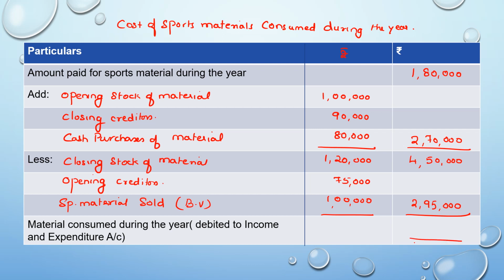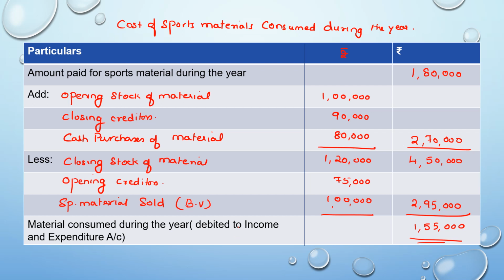So we subtracted from 4 lakh 50, 2 lakh 95. That would give us 1 lakh 55,000. So this is the value of sports material which was consumed during the year, which is debited to income and expenditure account. So this is how we would be finding it using the statement method.